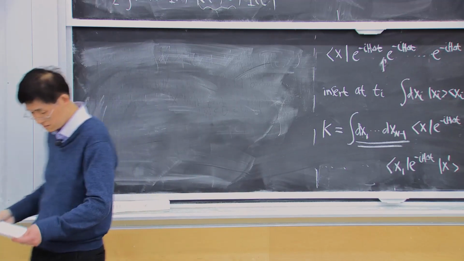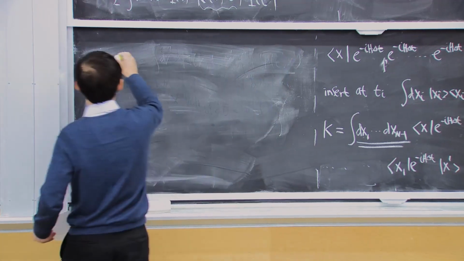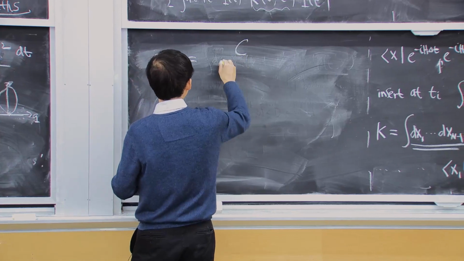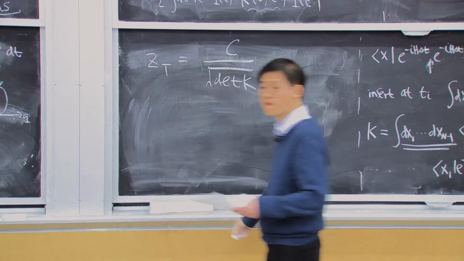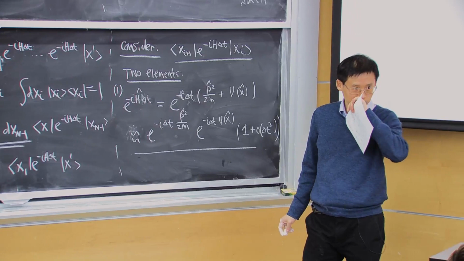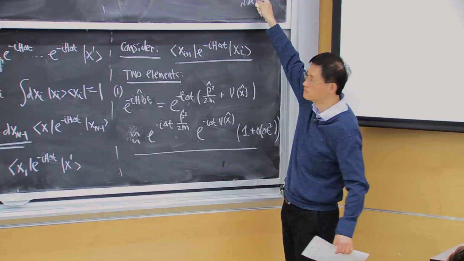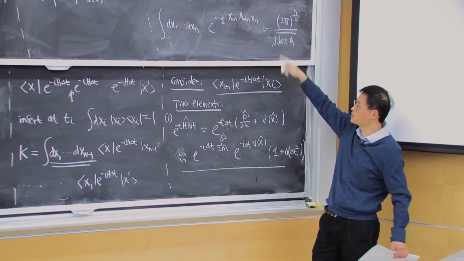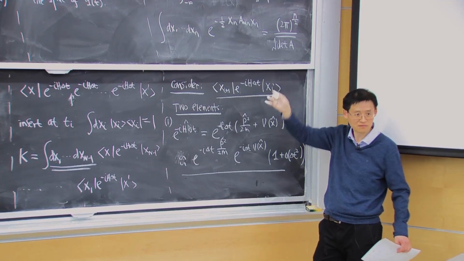We say then the Zt must be just given by some constant divided by the square root of the determinant of K. Yeah, you just generalize this formula. Just now K is in the determinant in the more complicated space, in the space of functions.